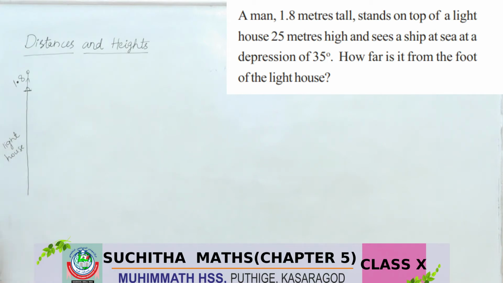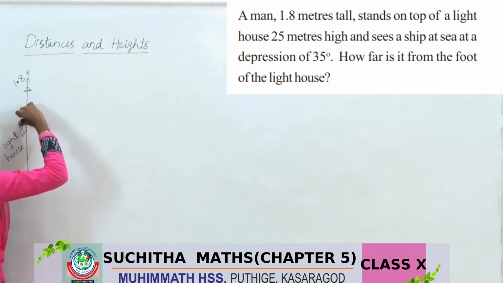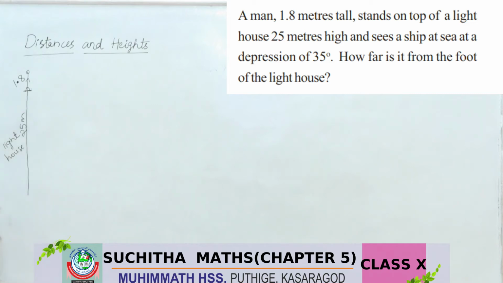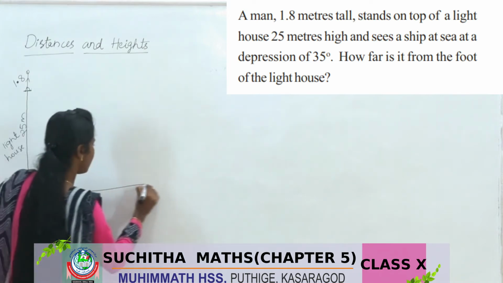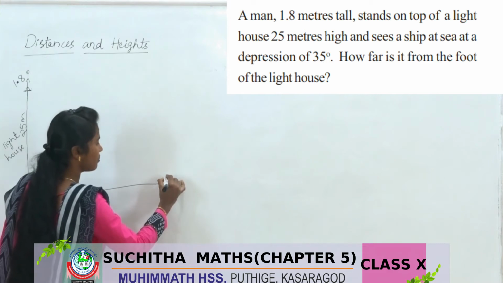And the height of the lighthouse is 25 meter. The lighthouse height is 25 meter and the man sees a ship at the sea. This is the ground, or it is the sea, and a ship is here.